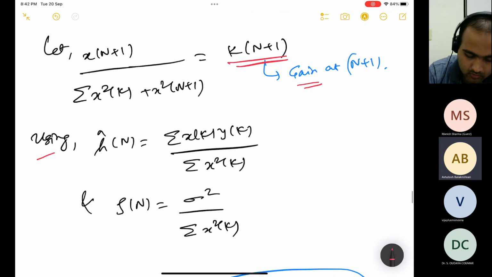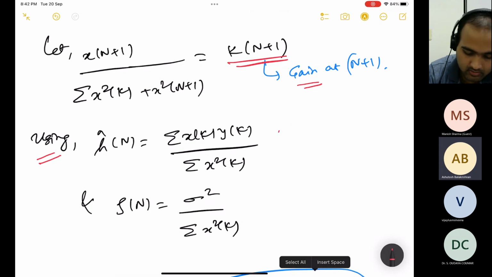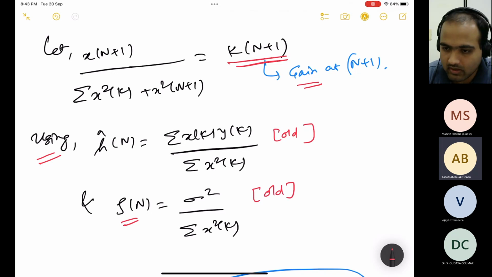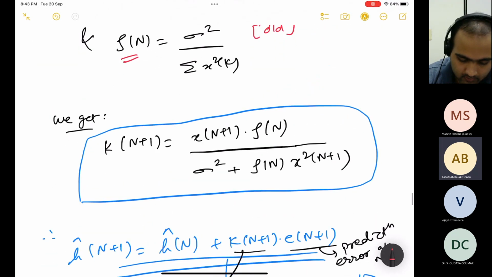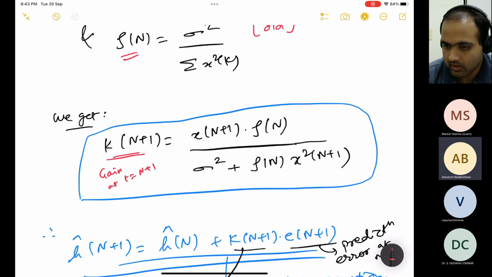Now we are going to use again our original formula, that is h hat n is the summation of xk yk divided by the summation of xk square. This was the old method, and similarly the error estimate was sigma square over the summation of xk square. If we use those, we get this gain term, the gain at time n plus 1, which is x n plus 1 rho n over sigma square plus rho n x square n plus 1.